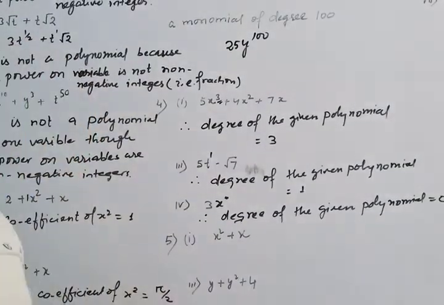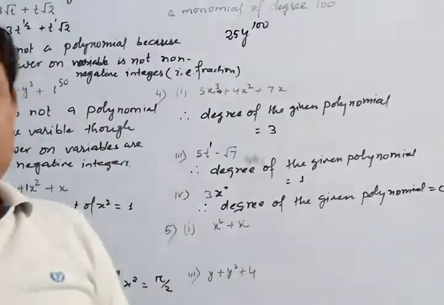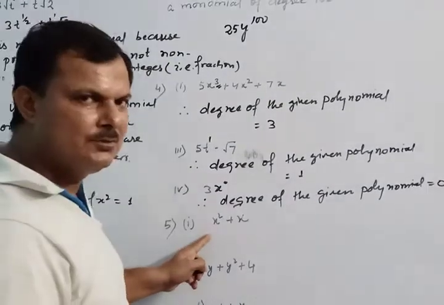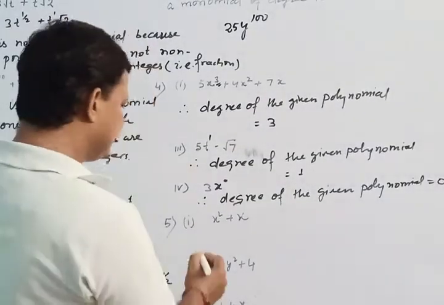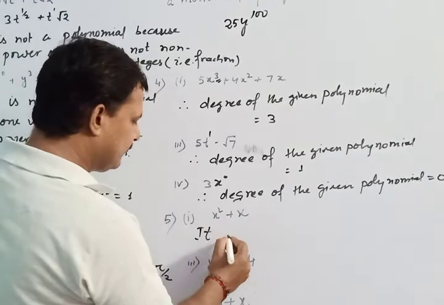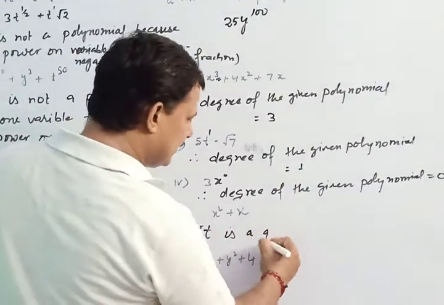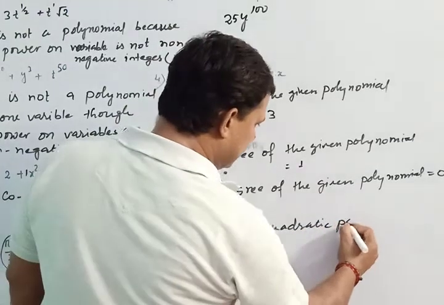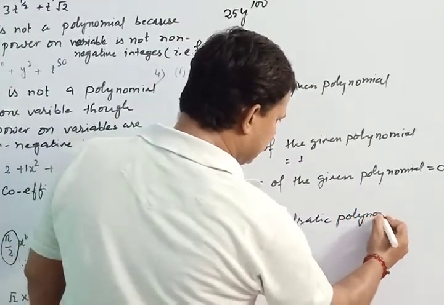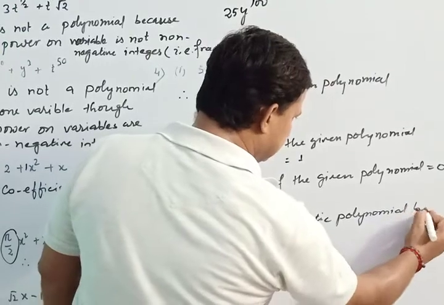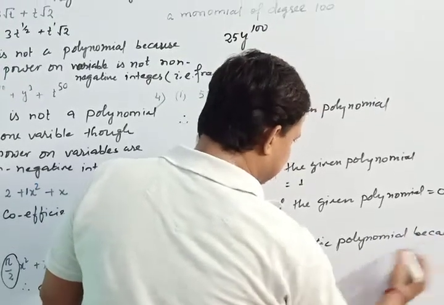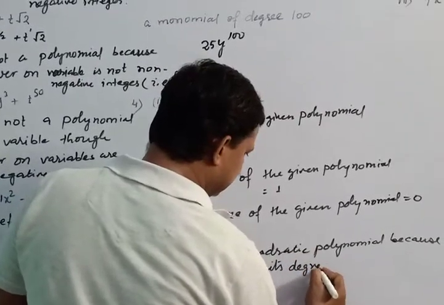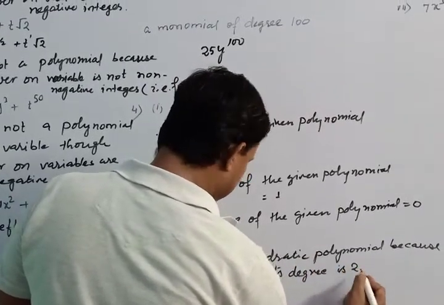Now you have to decide whether the given polynomials are quadratic, linear or cubic. So here the highest degree is 2, so it is a quadratic polynomial because its degree is 2.